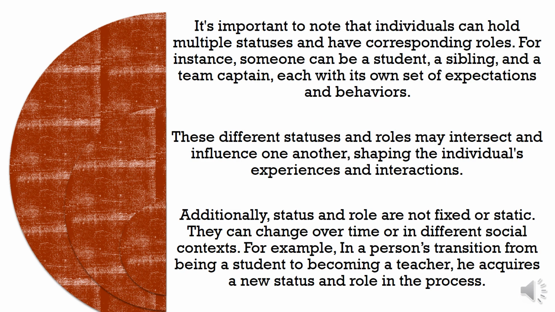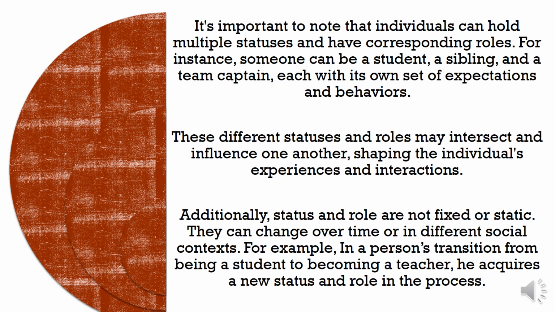So, dear friends, it's important to note that individuals can hold multiple statuses and have corresponding roles. For instance, someone can be a student, a sibling, and a team captain, each with its own set of expectations and behaviors. These different statuses and roles may intersect and influence one another, shaping the individual's experiences and interactions.